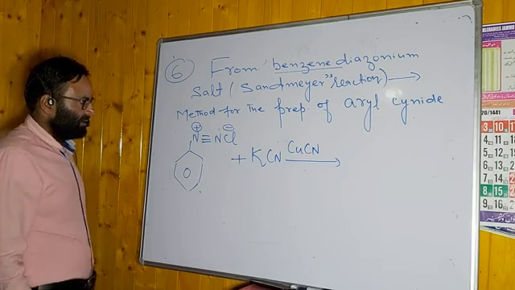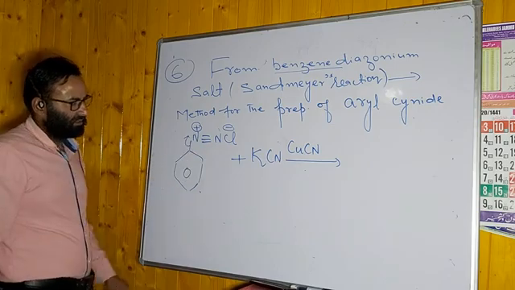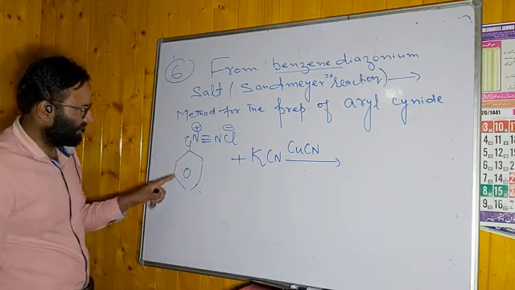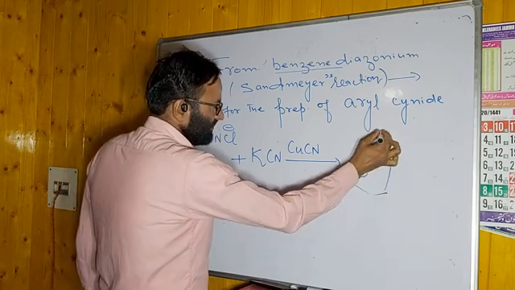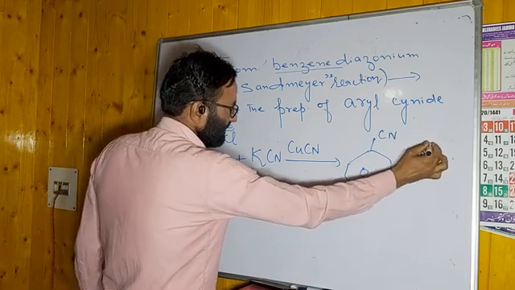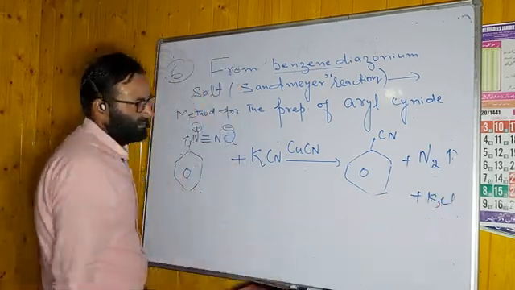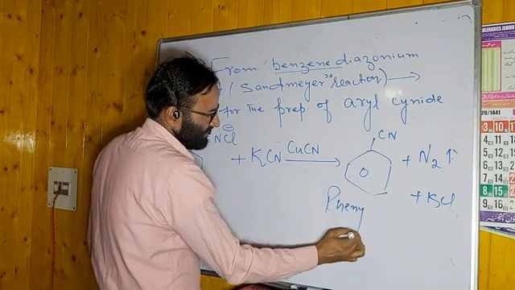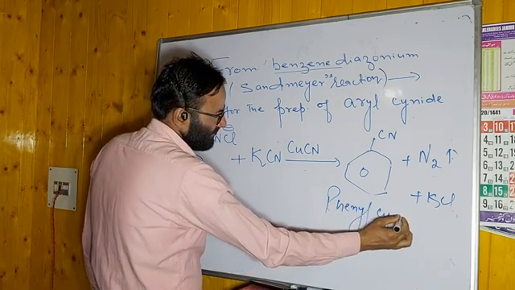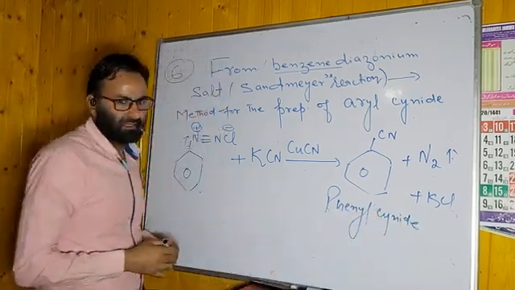Remember this point: nitrogen cannot sustain plus charge, nitrogen gas will come out, and cyanide minus will attack. You will have CN, plus nitrogen gas, plus KCl. This is phenyl cyanide, and this reaction is known as Sandmeyer reaction.